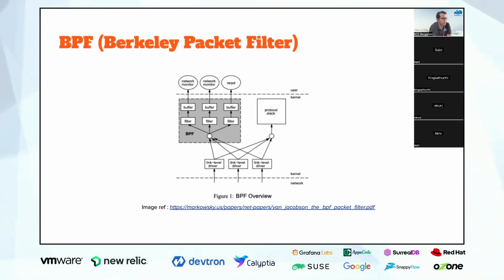BPF is implemented like a virtual machine in the kernel layer itself. We know that for every OS, be it Windows or Linux, we have user space and kernel space. User space is whatever you see, look and feel: you open an editor, you open a browser, that all goes in user space.